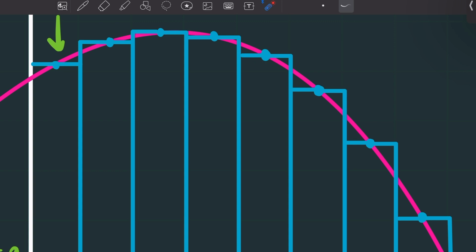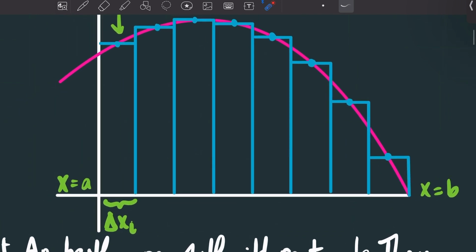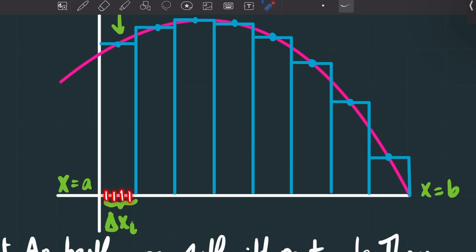So, what can we do para mas maging accurate yung ating pagkuha ng area? So, sabi nila, if you choose daw smaller partitions, so kuha ka na mas marami pero mas maikli na partitions, in the end, mas magiging accurate yung ating pagkuha ng area using the rectangles.